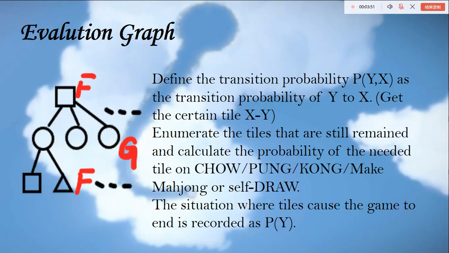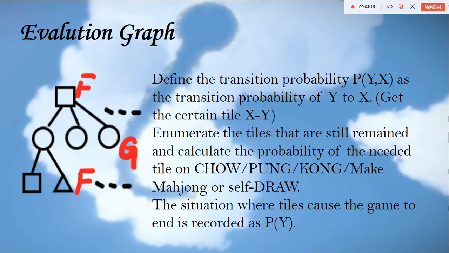This transition probability can be recorded as P of y and x, which means the transition probability from y to x. This is also part of the probability that is not transferred. That is, the situation where tiles cause the game to end is recorded as Py.